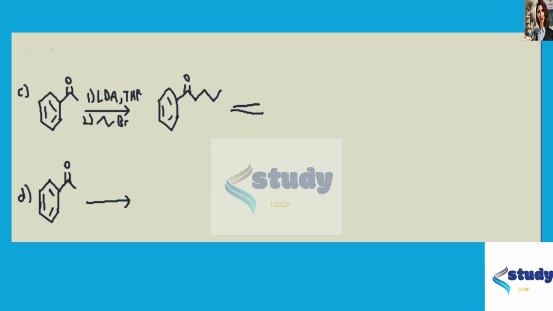So we can accomplish that with, let's use LAH followed by water. So that's going to reduce our ketone to an alcohol. And we've added the alkyl chain that we need.